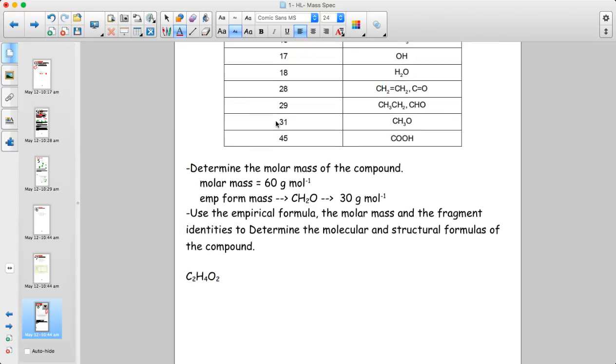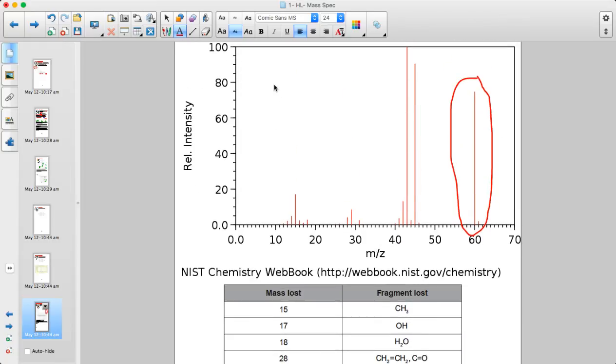Now, if I look at the spectrum, I'm going to try to identify some common peaks, or some major peaks that exist here. One of them appears to be at 1, 2, 3, 4, 5, so one of them appears to be at 45. Another one appears to be at 43, which means if the total thing weighs 60, I should be looking for fragments at 15, to go along with the 45.